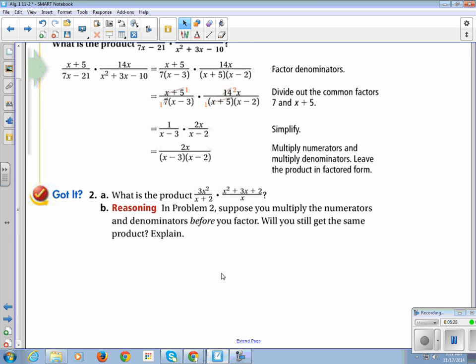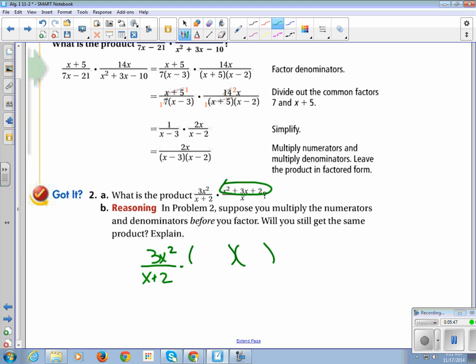All right, so let's do a little practice problem. So I get 3x squared and an x plus 2 on the bottom. And my x squared plus 3x plus 2 is going to factor out. I need values that multiply to give you 2 and add to give you 3. So that is 1 and 2.